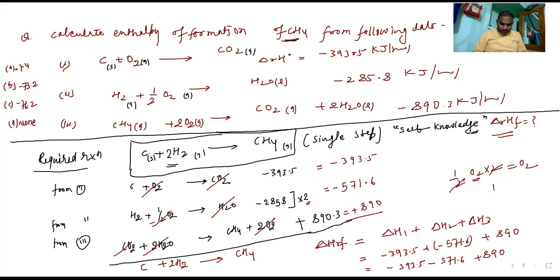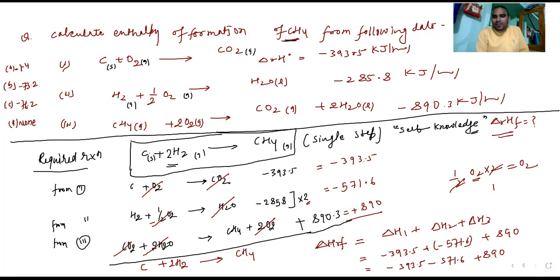Yes, sir. Okay, sir. Wait. 393.5, this is the negative one. And then plus negative 571. Negative, positive. It will be negative here.